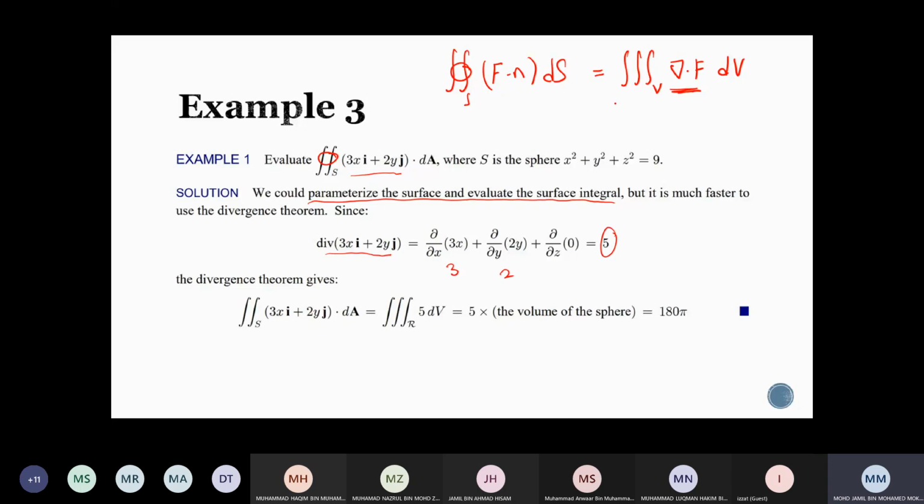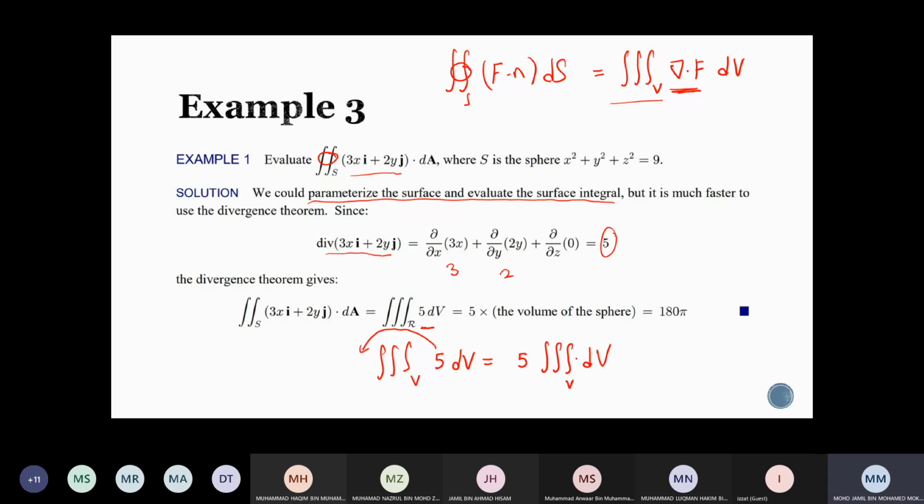Then applying the integration dV, you integrate 3 times 5 dV. Here you can take out the 5 because it's a constant. Factorize 5. So you get 5 times the triple integral of dV.